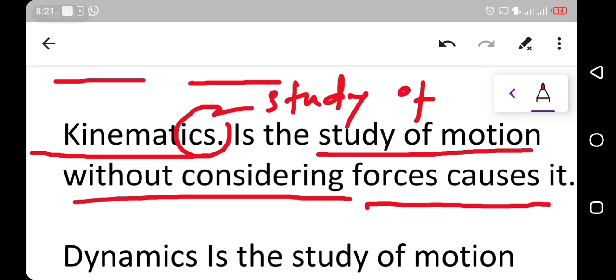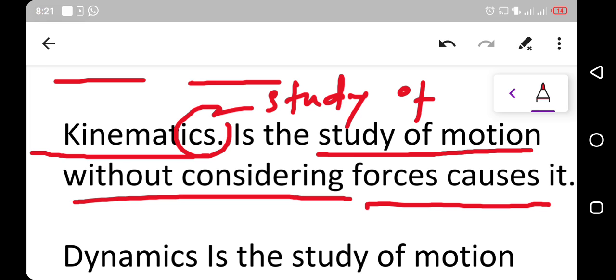Ni study ya motion bila kuconsider forces ambazo zimeisababisha hiyo motion. Kwa mfano, gari haliwezi kwenda isipokuwa kuna force inayotolewa na engine ambayo inasukuma lile gari. Kwa hiyo katika kinematics sisi hatuconsider forces zote ambazo zina act katika lile gari.